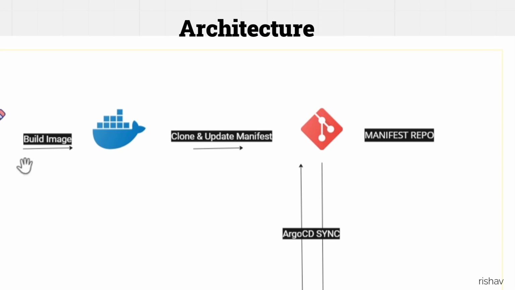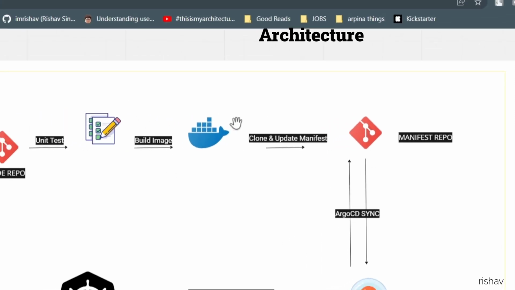Now we are working with a React application, so we will be building the React app, which, if you have worked with it, when we run npm run build, outputs an HTML file and a bunch of JavaScript. We will use Nginx to host that, so we will look at the Dockerfile later on.